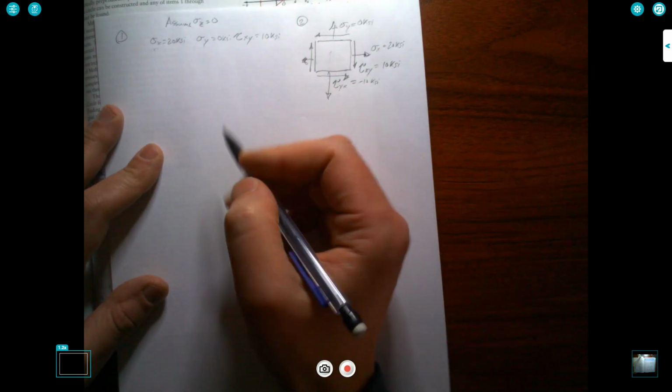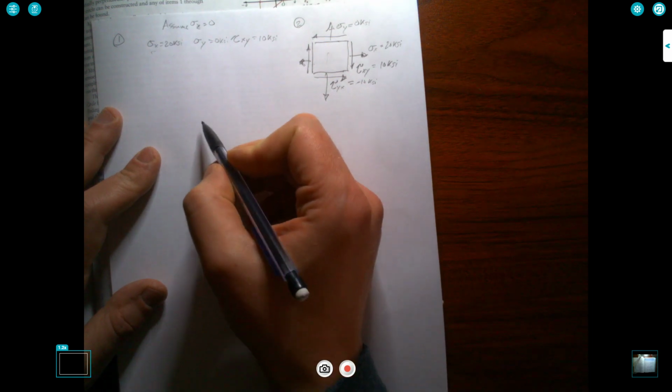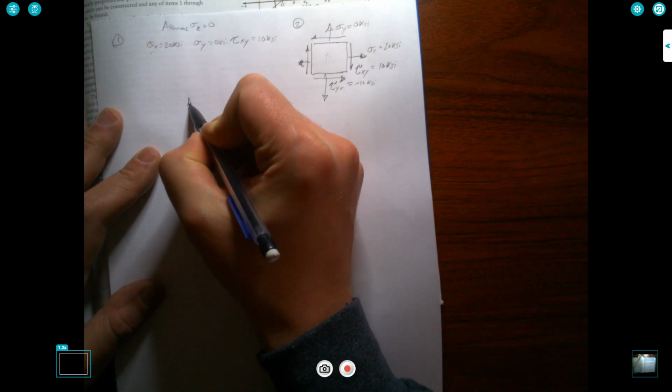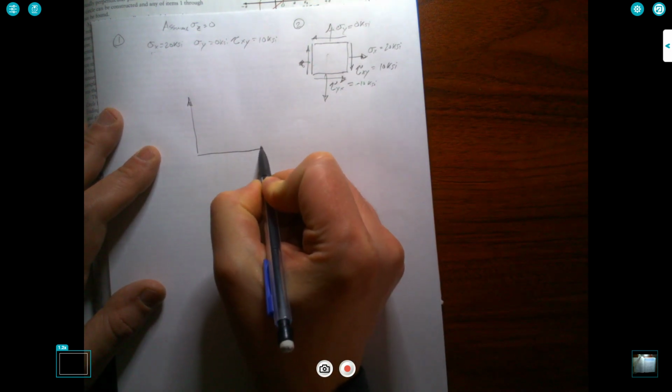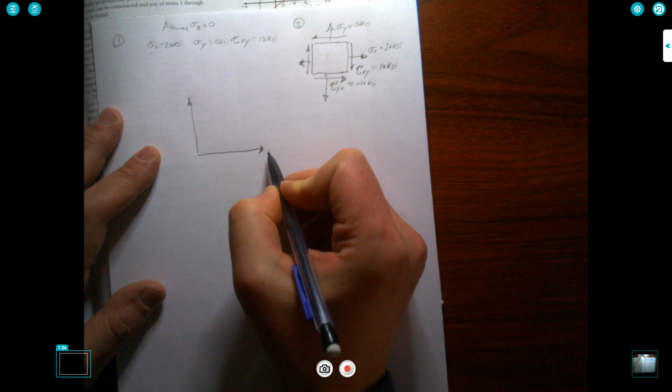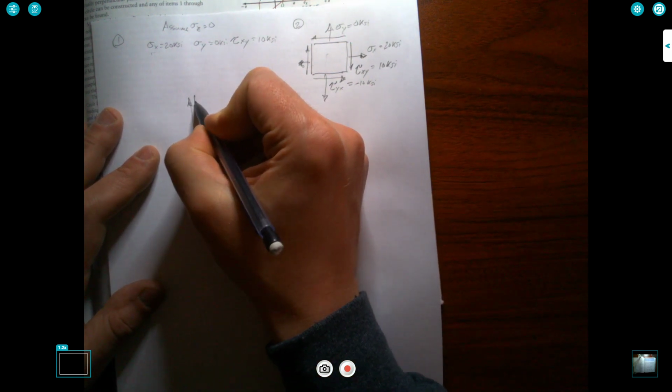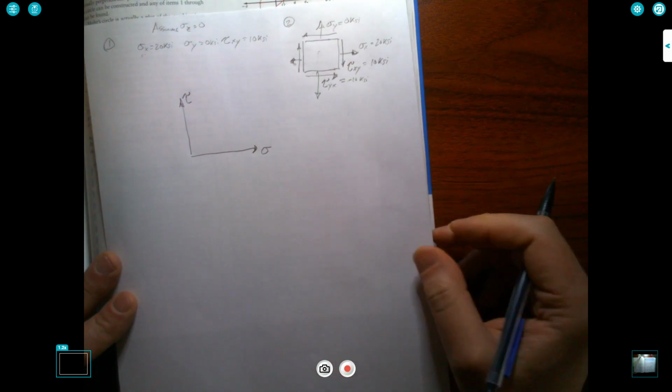Thus, the plane will be referred to as our sigma tau plane, the normal and shear stress plane. So we're going to draw step 3 really. Our x-axis here is going to be our sigma. Y-axis is our shear.